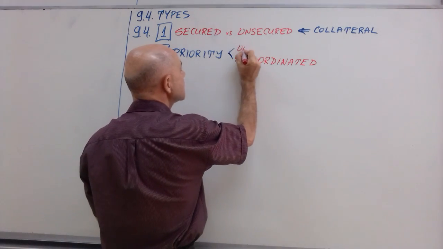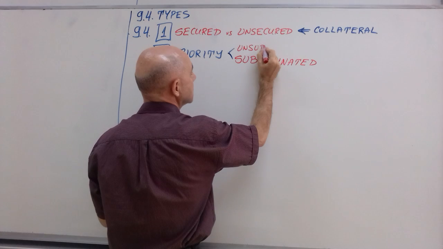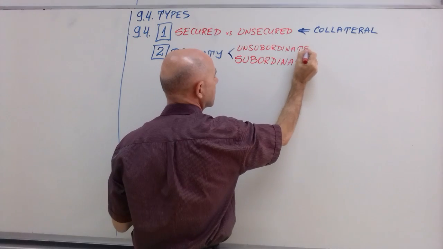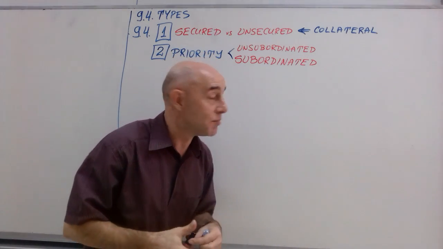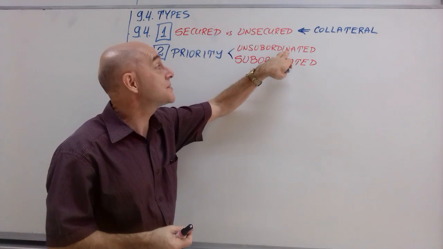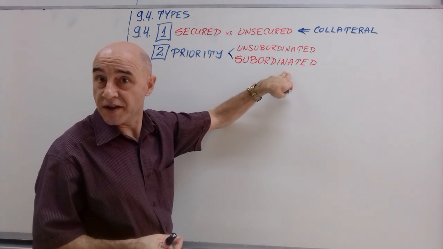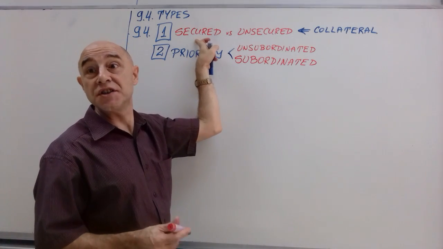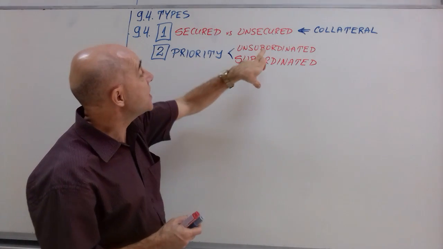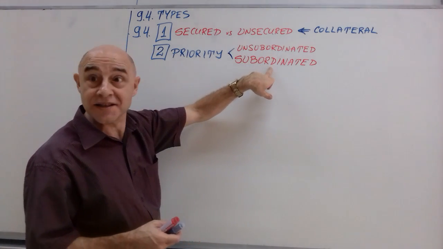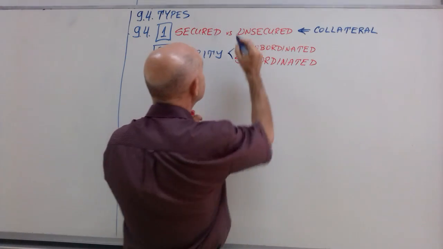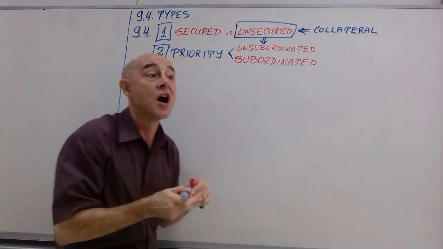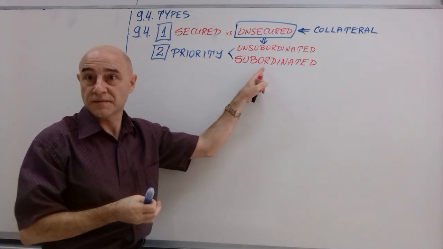Well, otherwise it's called unsubordinated. Unsubordinated means it gets paid before subordinated, but unsubordinated gets paid after the secured. Alright, so these unsubordinated and subordinated relate to unsecured. Okay?